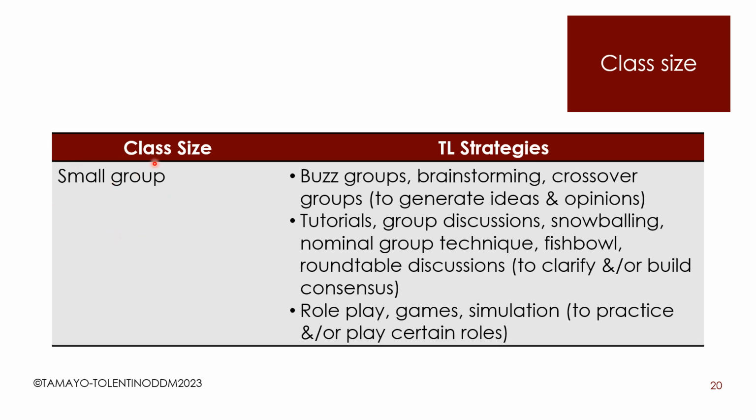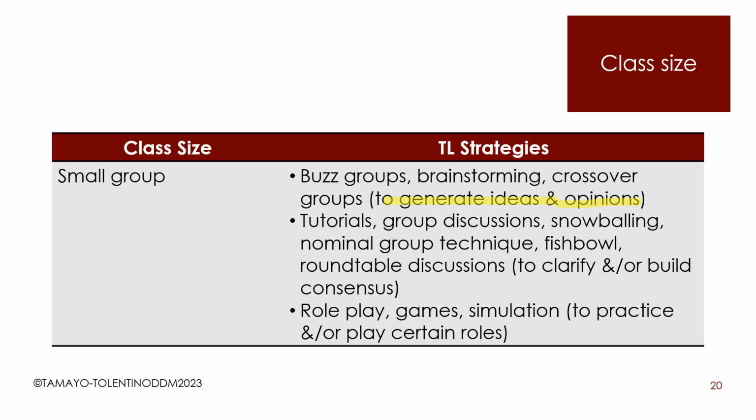For small groups of up to 10 learners, some resources say that small groups can be up to 12 members. We can further categorize the strategies depending on the objective of the activity. If the objective is to generate ideas and opinions, we can use buzz groups, brainstorming, or crossover groups.